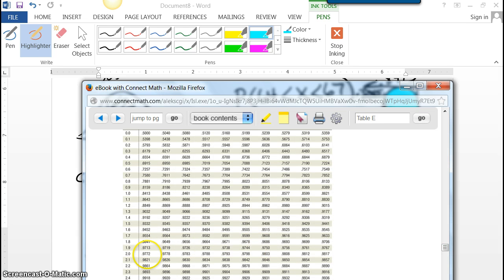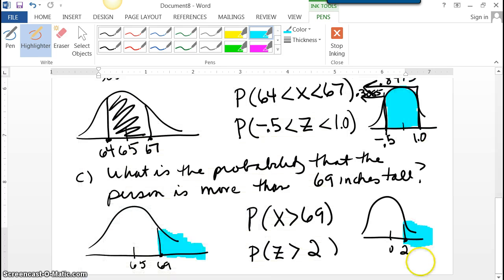A z of 2 is 0.9772. That's this area. And I really want the area to the right, so the very last step would be to subtract from 1.